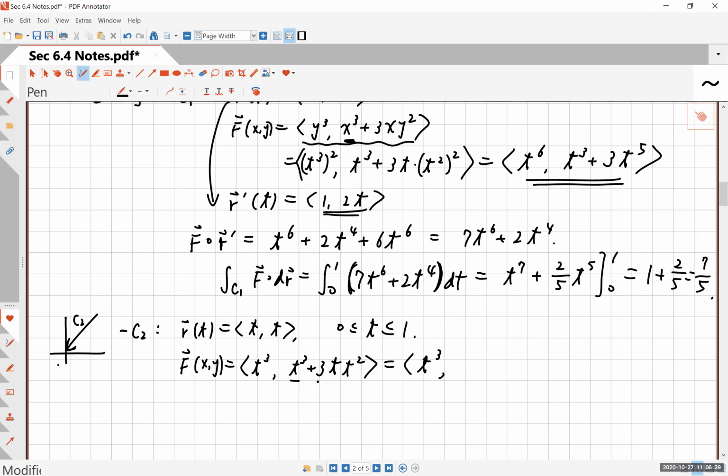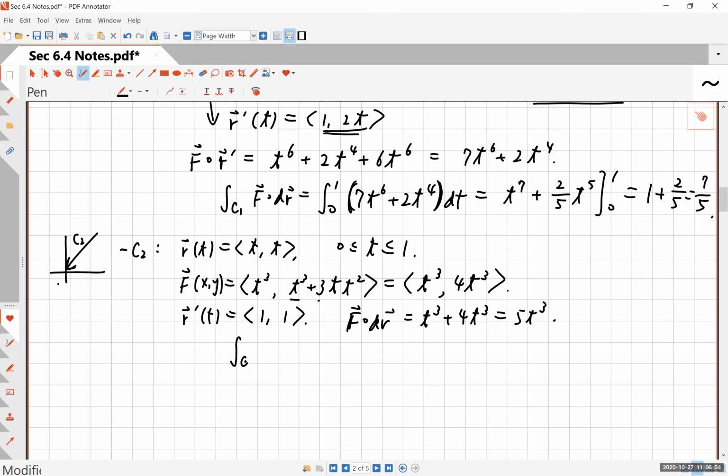I have t cubed plus 3t squared, that's 4t cubed. All right. R prime is of course 1, 1. So f dot dr turns out to be t cubed plus 4t cubed, otherwise known as 5t cubed.